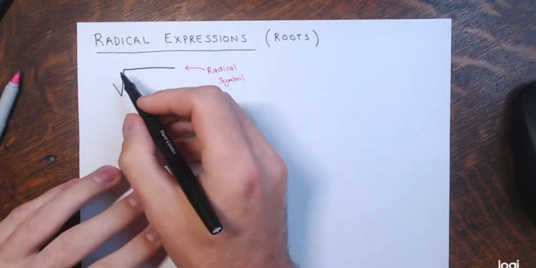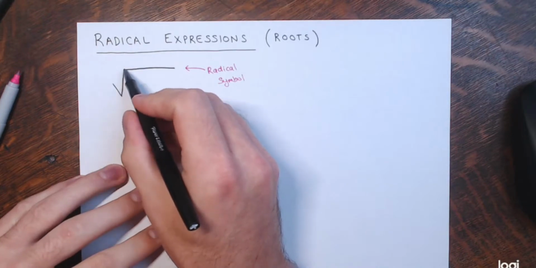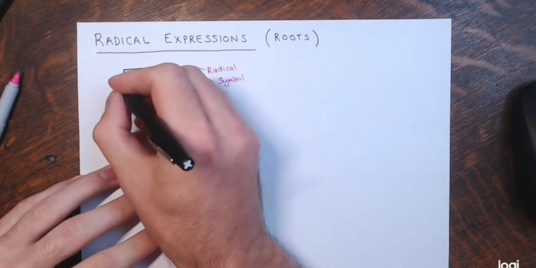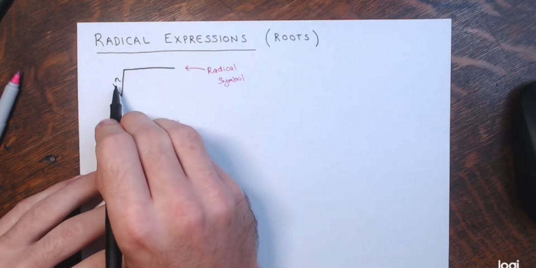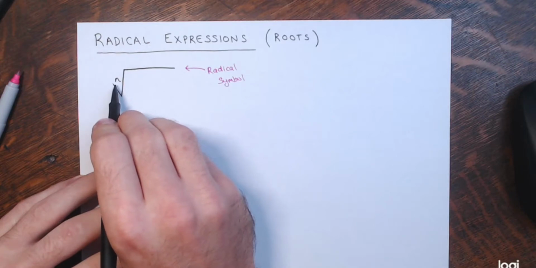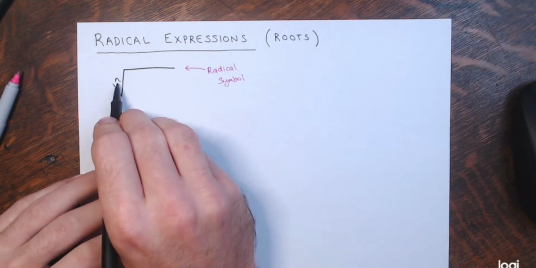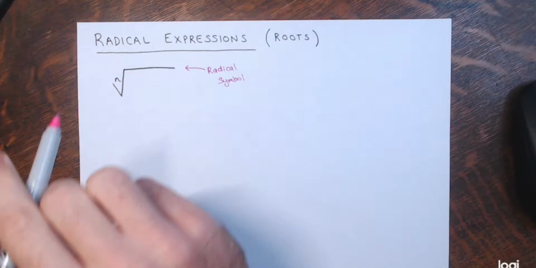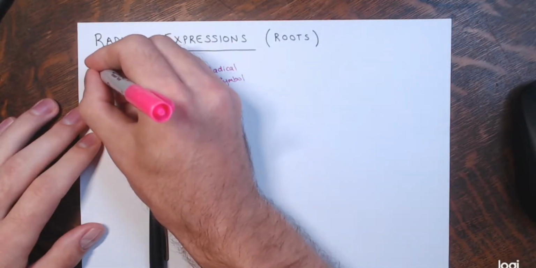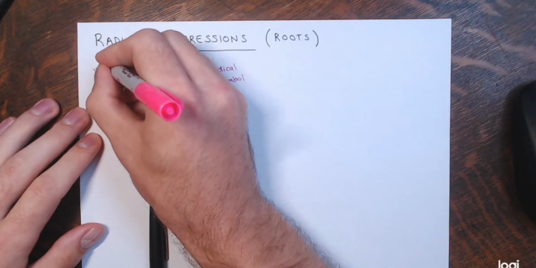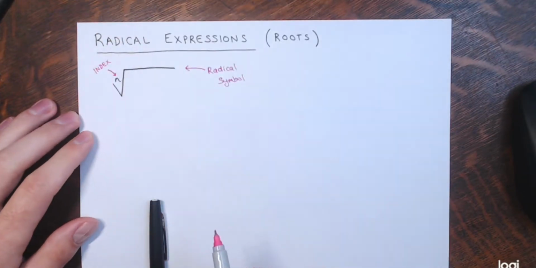Then in the little crook of the symbol, sometimes there will be a little tiny number, maybe like a little n, like a 3 or a 4 or a 5. This is called the index of the radical expression.